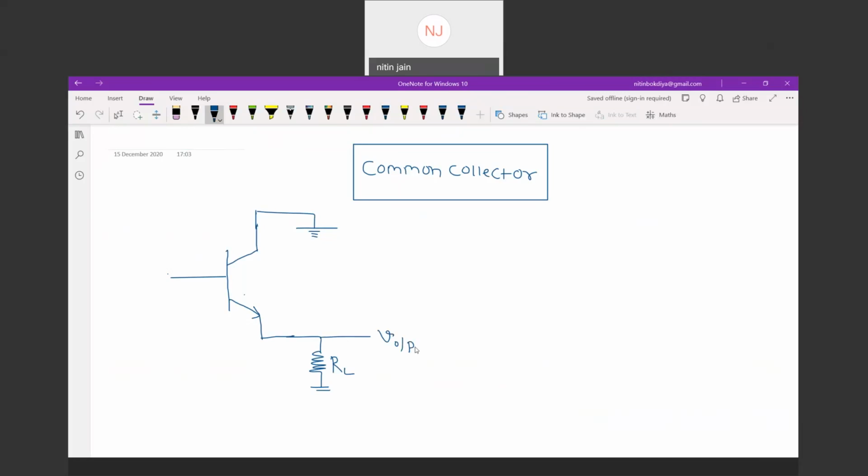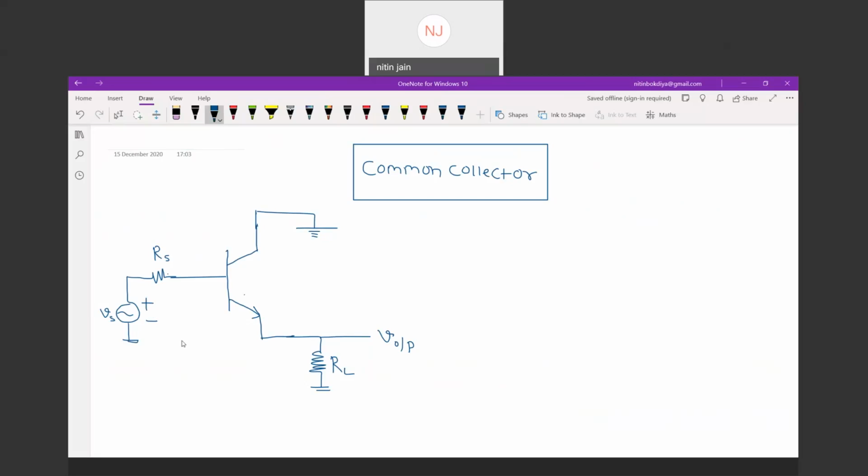And the signal is applied at the base terminal. So you can say this is RS and this is VS. Which configuration is it?